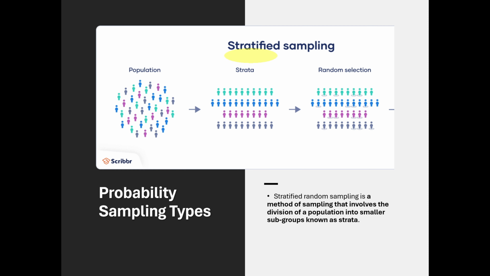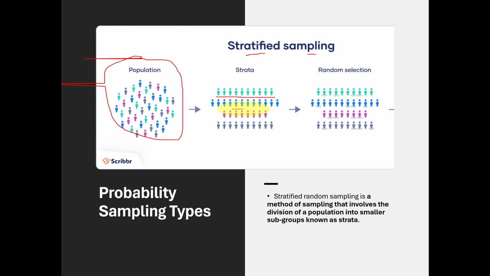The next one is stratified sampling. In this, you have a population, and from that population, for example, there are 1, 2, 3, 4 different people.